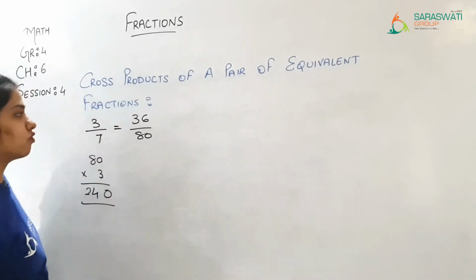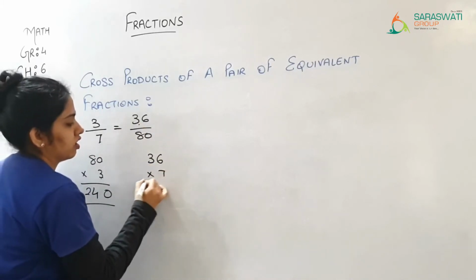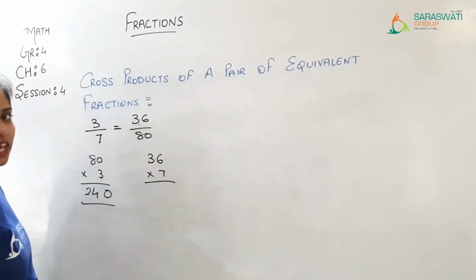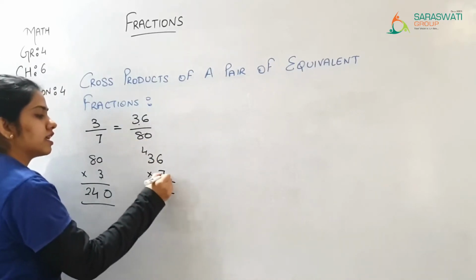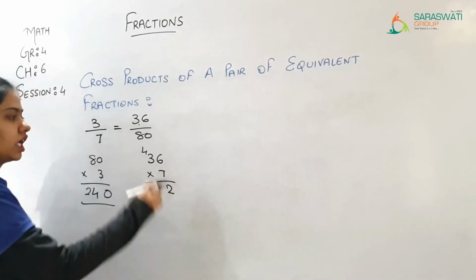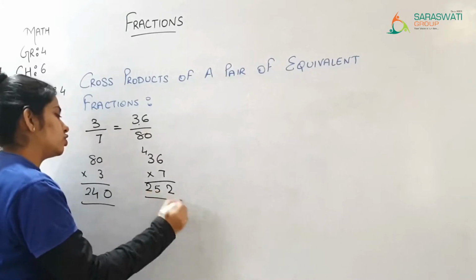Our answer is 240. And 7 into 36. 6 sevens are 42. 7 threes are 21, 22, 23, 24, 25. 252.